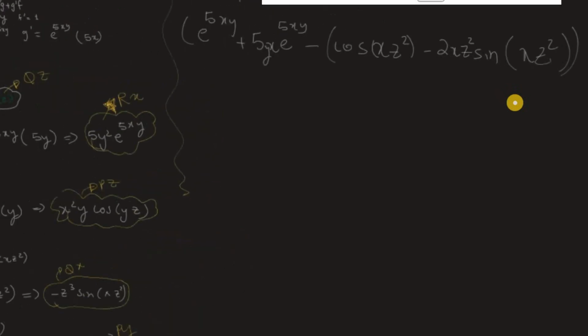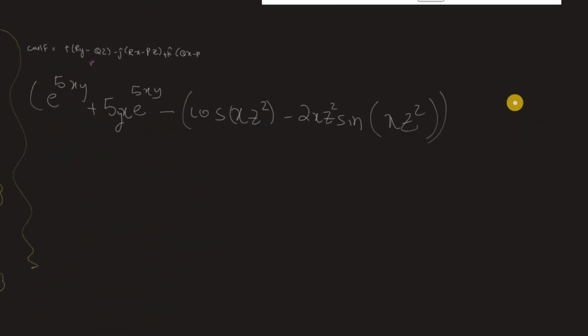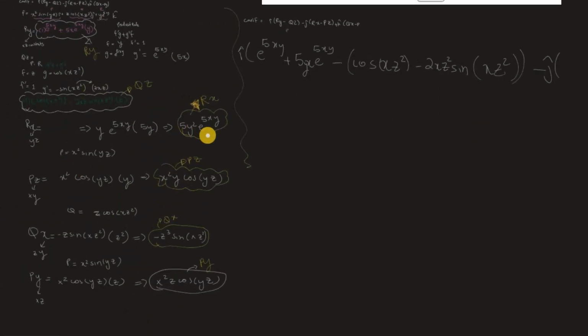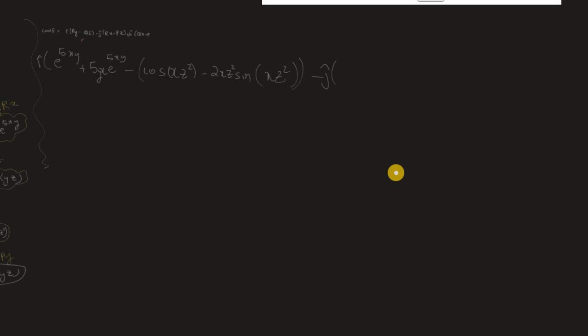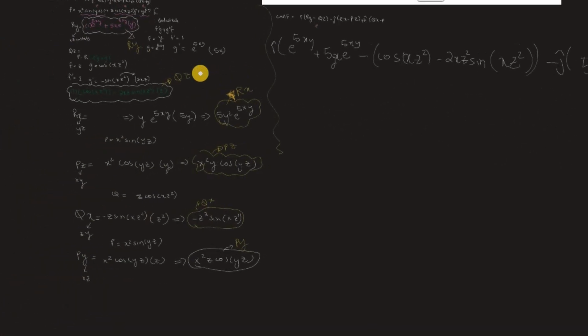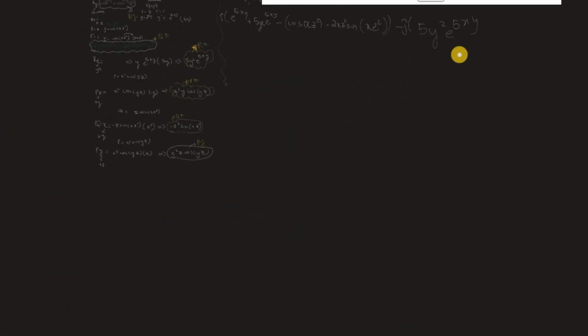Okay, next, all this thing is i hat, and next we have negative j, and we need to put r of x. So we have r of x as 5y squared e to the 5xy. Next we have pz in the formula, so we're going to write negative pz.